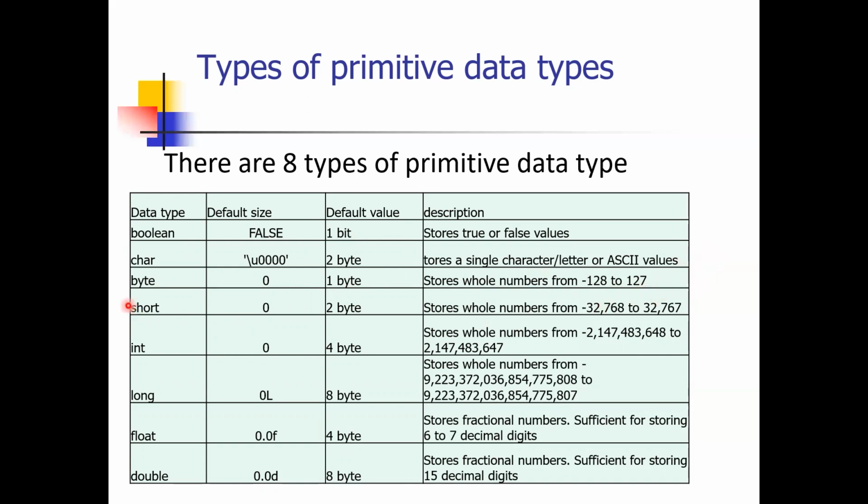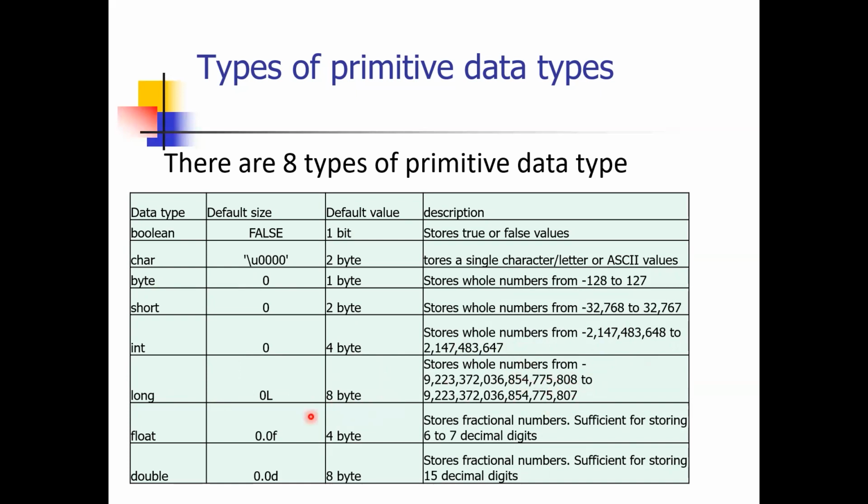Short is 2 bytes, a combination of 16 bits, so minus 2 raised to 15 to plus 2 raised to 15. Int maximum size is 4 bytes, 8 plus 8 plus 8 plus 8, which means 32 bits, so it stores whole numbers from minus 2 raised to 31 to plus 2 raised to 31. Long is 8 bytes, which means 32 plus 32, 64 bits, with whole numbers according to that.